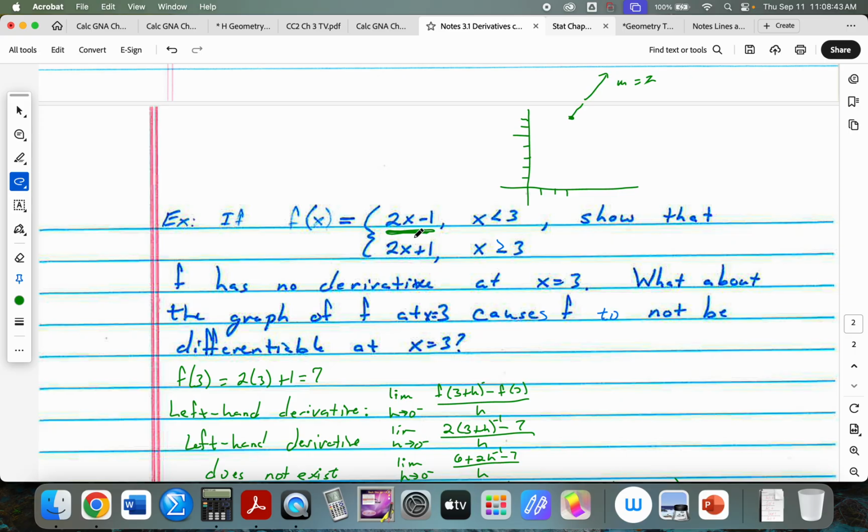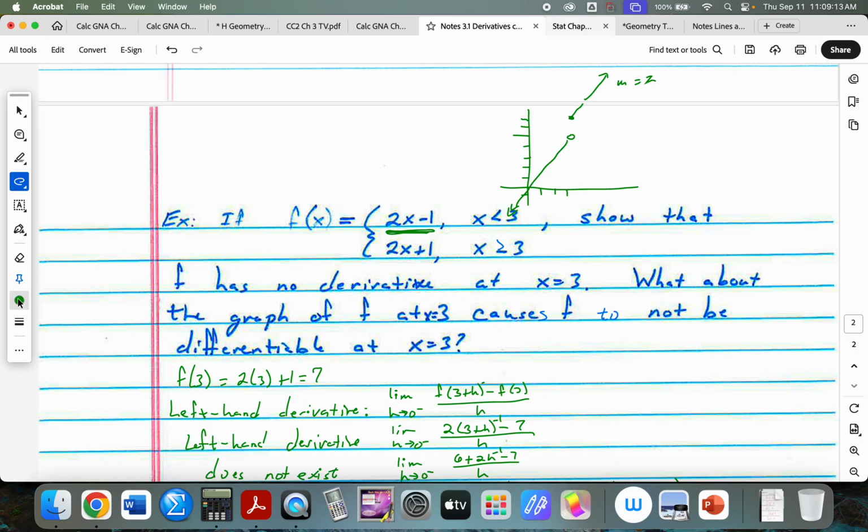For the other one, it's supposed to follow the graph of 2x minus 1, which, if we get close to 3, gets close to 5. So parallel to the other one, but there's this jump discontinuity here.